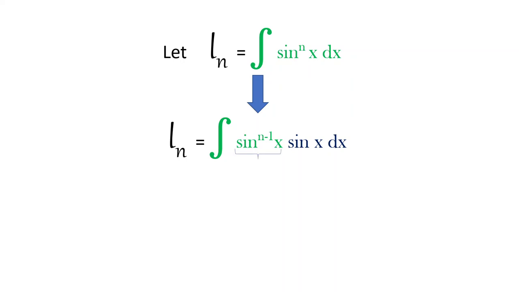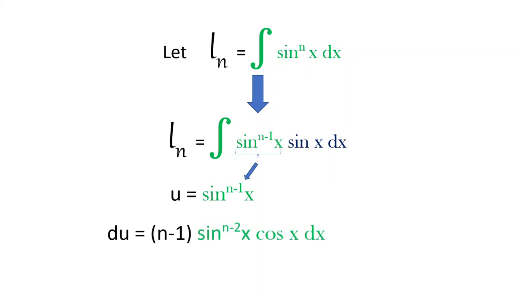Then we take the first part of the function and we let it equal to u, and then we find the derivative of that, which is du. Then we take the second part, which is sin x dx.